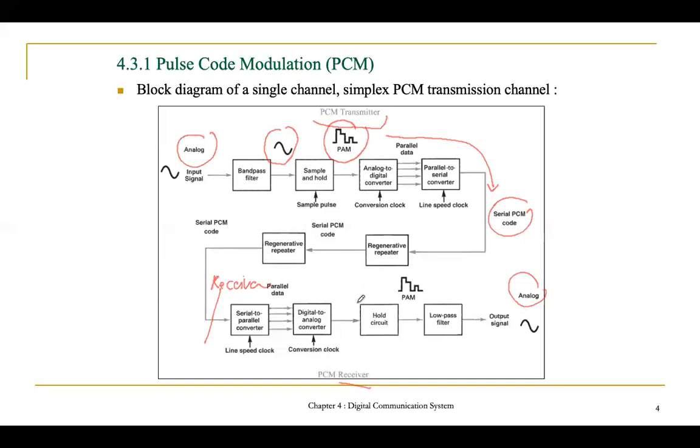Then you have the digital to analog converter, which converts the PCM here into multilevel PAM. It converts PCM back to PAM. And the whole circuit is basically a low-pass filter that converts the PAM signals back to the original signal.